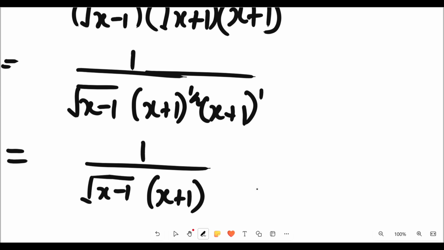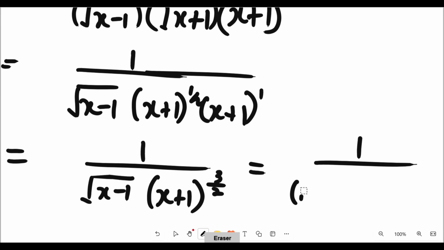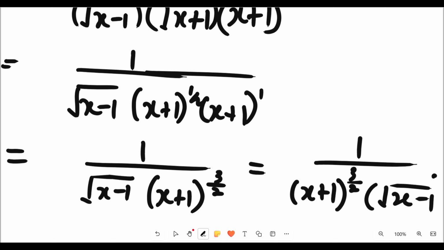So add 1 to half, you get 3 out of 2. So we conclude that the derivative of the given function is equal to 1 over x plus 1 having an exponent of 3 out of 2 multiplying the square root of x minus 1.